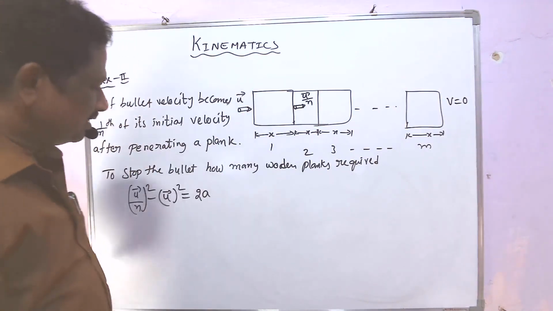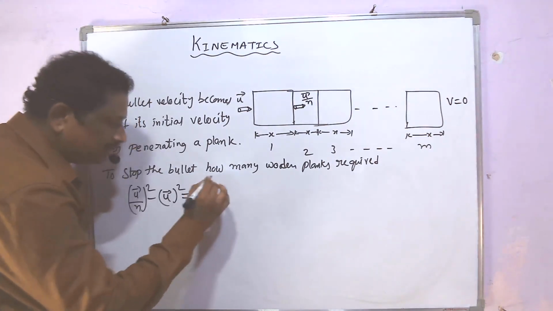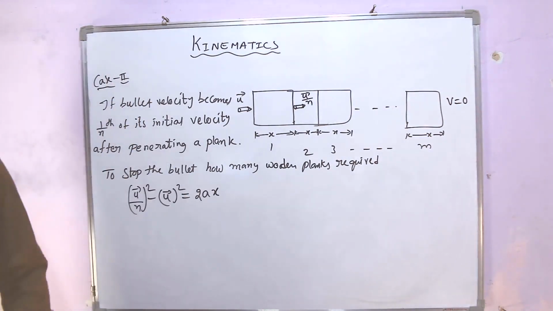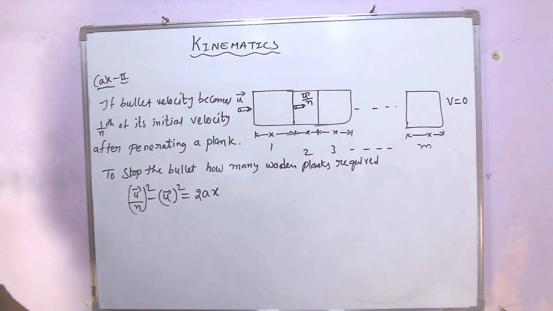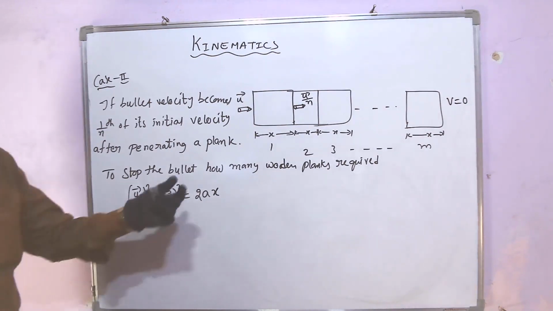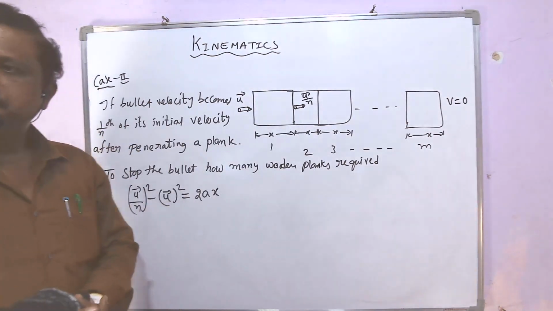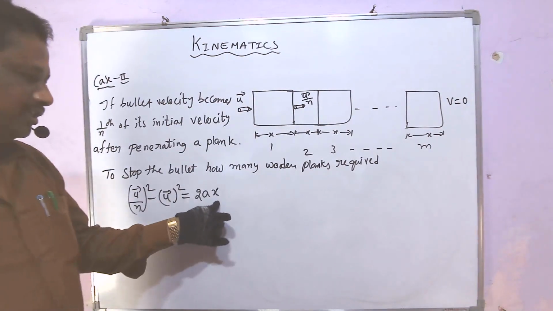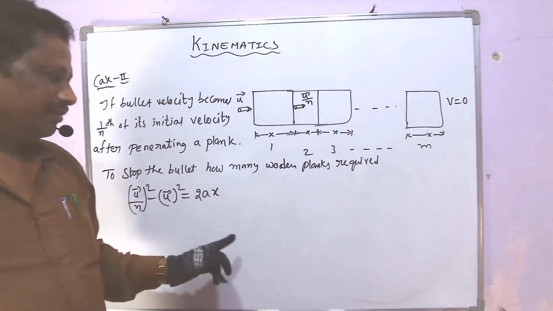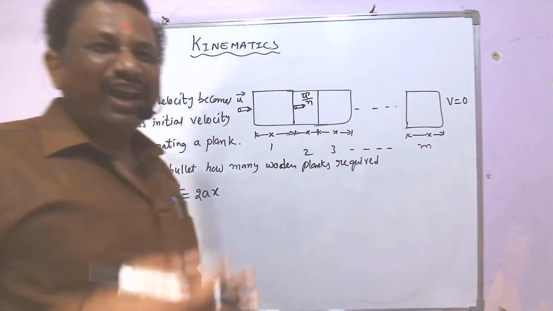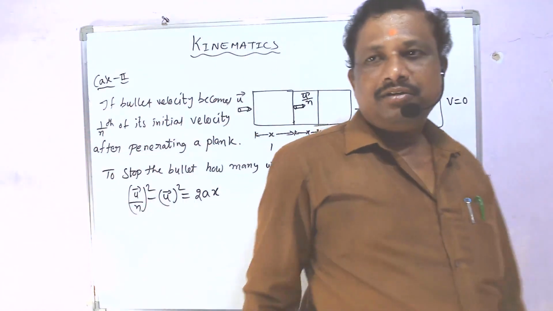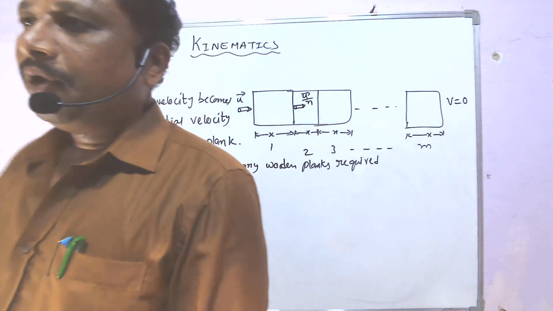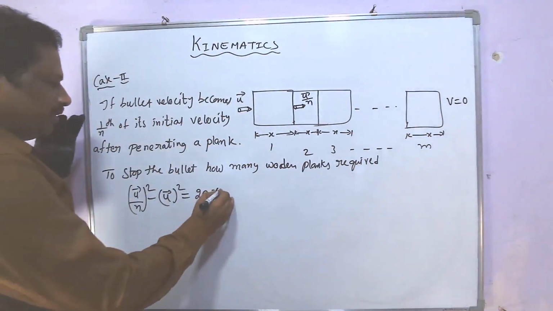So x distance; instead of s, I put displacement x. Is it clear? This is the final velocity when the bullet crosses the first plank, this is the initial velocity, and x is the displacement made by the bullet while crossing the first plank. Okay, clear?